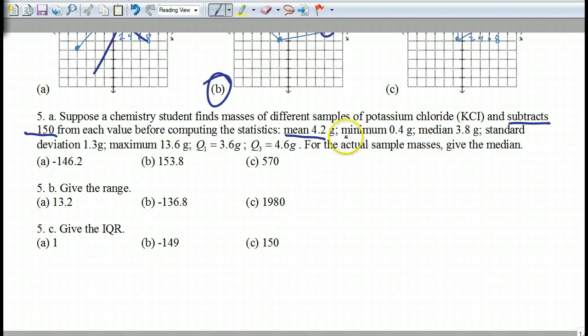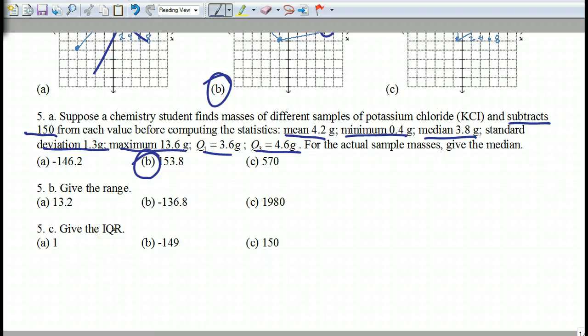The minimum, 0.4. The median, and the standard deviation, the max. Quartiles are here. For the actual samples of masses, give the median. So what do we need to do? Okay, so we're going to add 3.8 to 150. So that will be B.